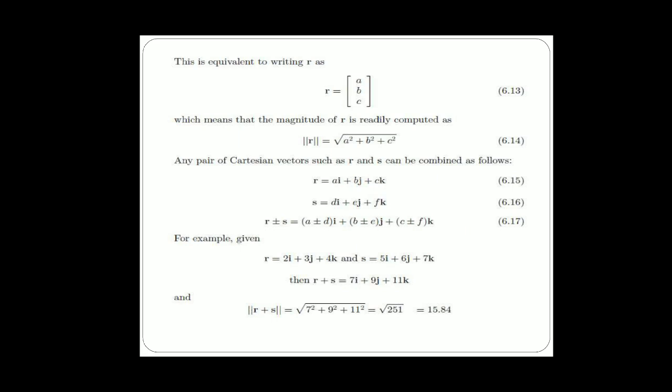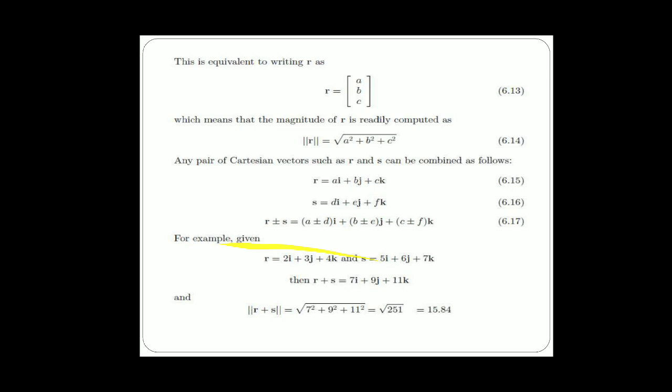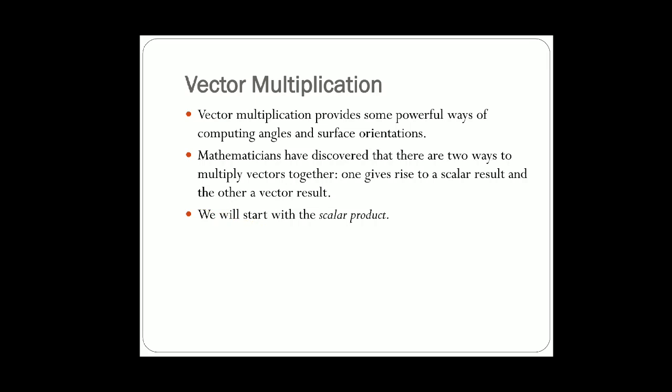So this is the whole Cartesian vector calculation for unit format, which is a combination of addition and subtraction of two different components. Previously we were calculating magnitude for only one, either i or r. Now we have combined two magnitudes, the magnitude of r as well as the magnitude of s, and we have done the calculations.